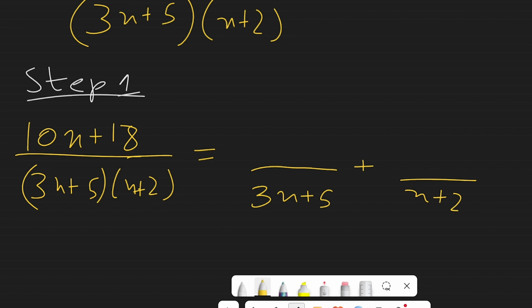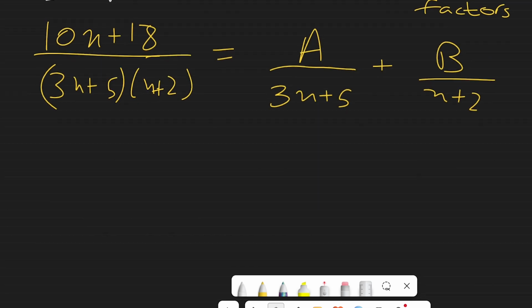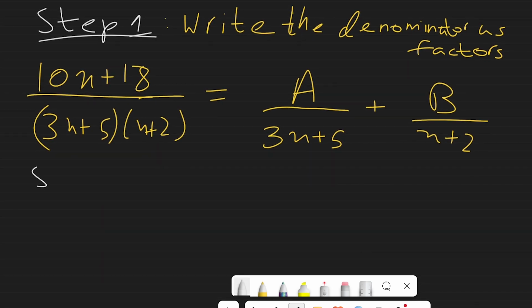So let's just write it a and b. So for step 1, we write the denominator as factors.